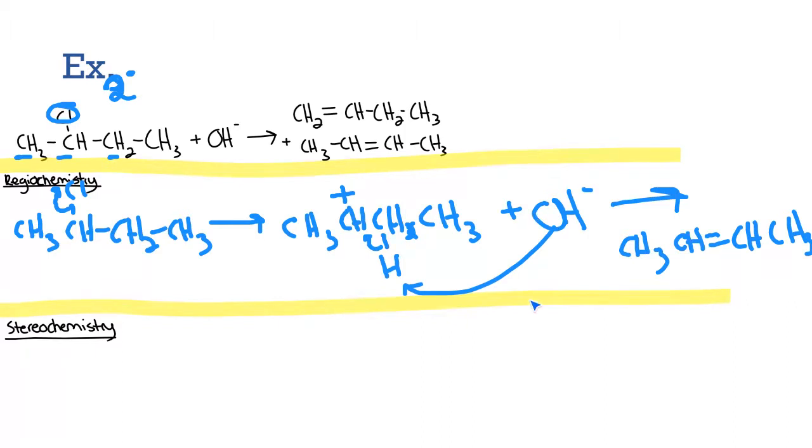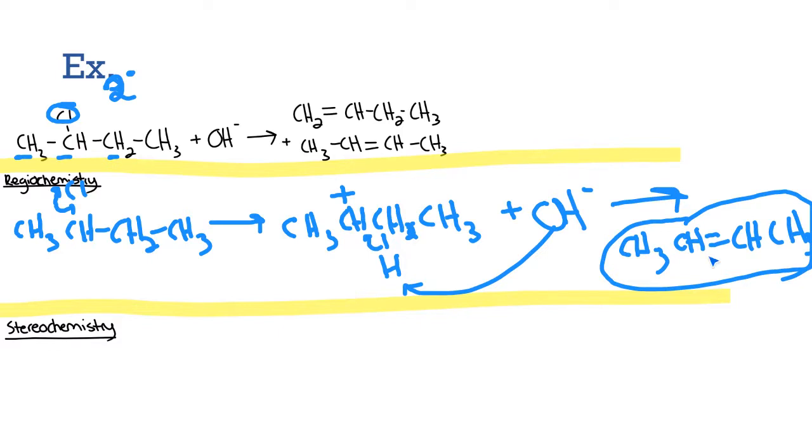Stereochemistry is the same thing. It's also determined by the stability of the product. We do have stereochemistry in this reaction because we can have cis and trans isomers. And remember, you can tell if you have cis-trans isomerism if you have two different groups on each of the doubly bonded carbons.